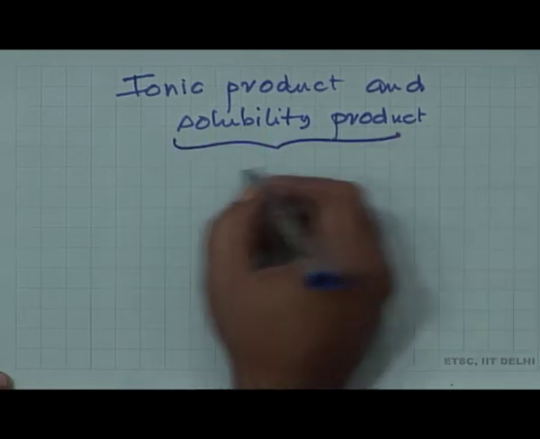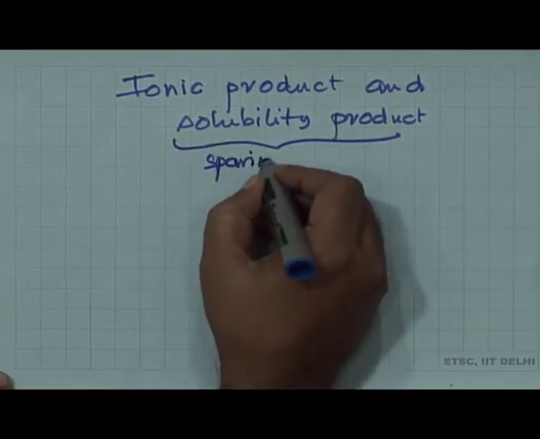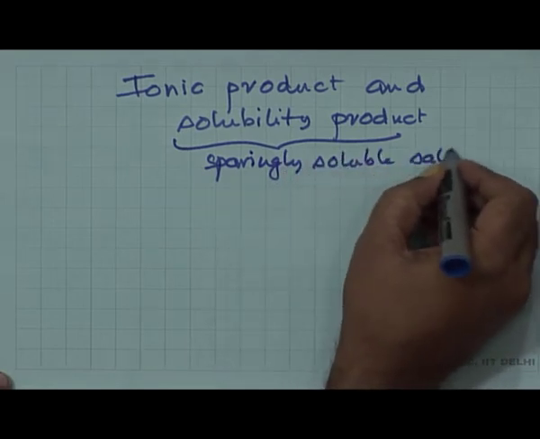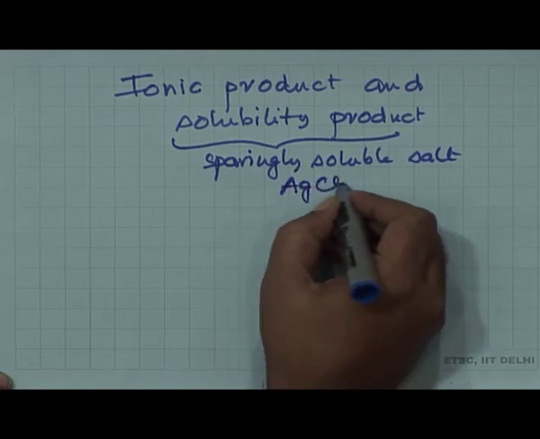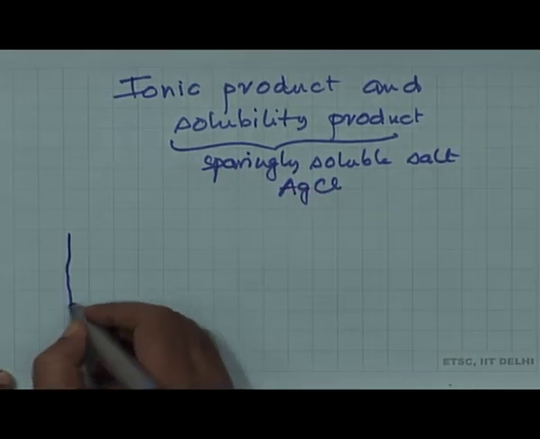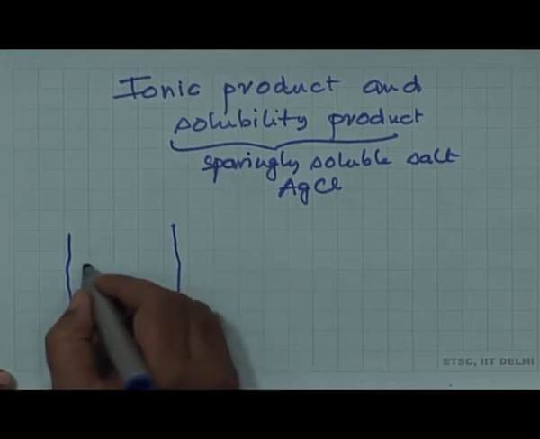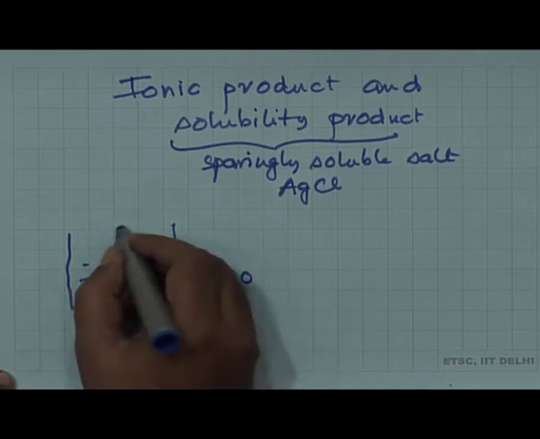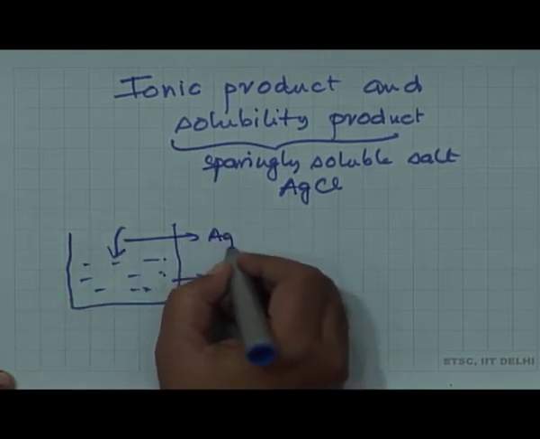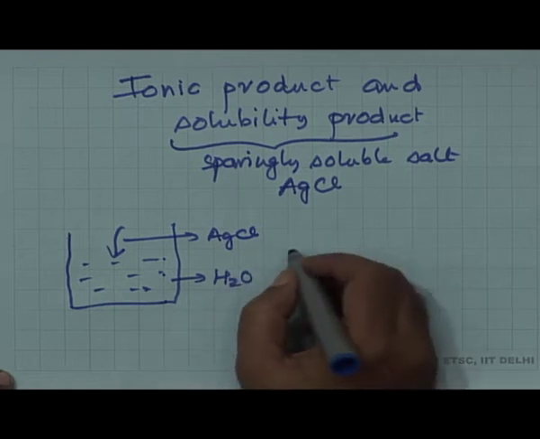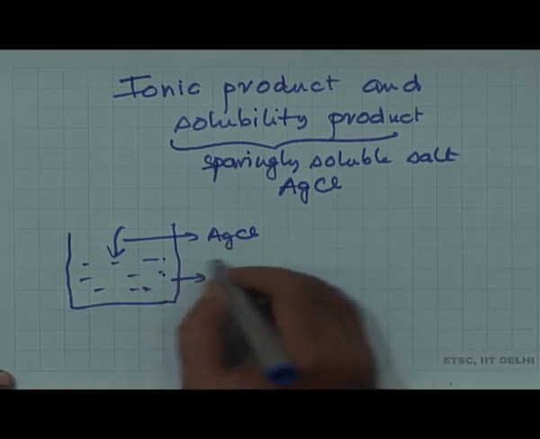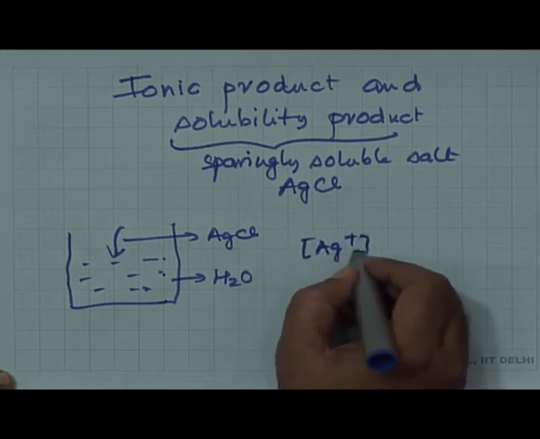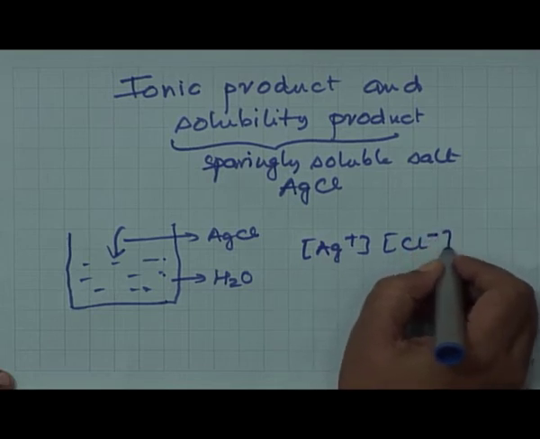And this we will do for sparingly soluble salt, for example, AgCl. Suppose you start dissolving AgCl into water. So, this is your water and you start putting AgCl. Initially all AgCl will go to solution and you have Ag plus and Cl minus.